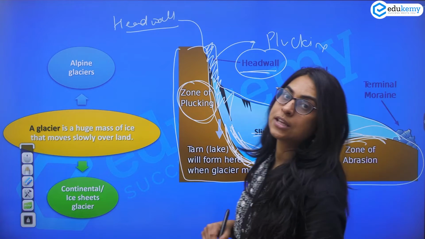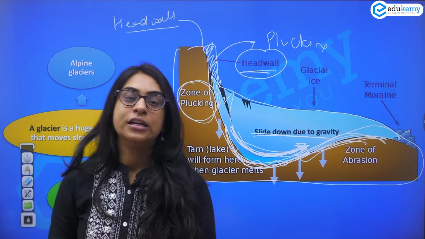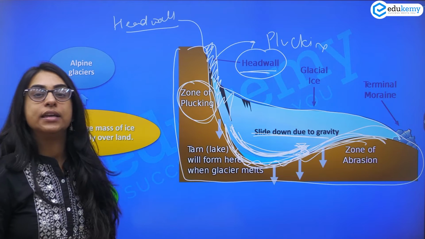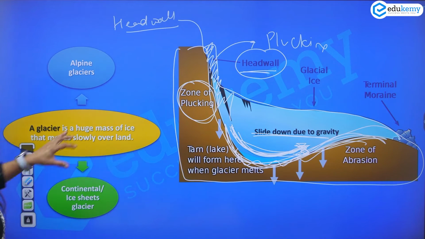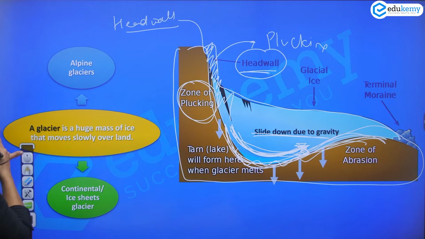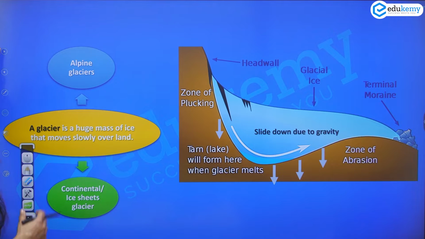Now, because of plucking and abrasion, different types of landforms are formed. One of the most famous landforms is the cirque. We've already seen the zone of plucking and the zone of abrasion. Now let's move on to understanding the landforms formed by the glacier.